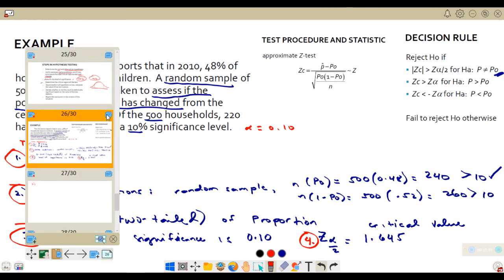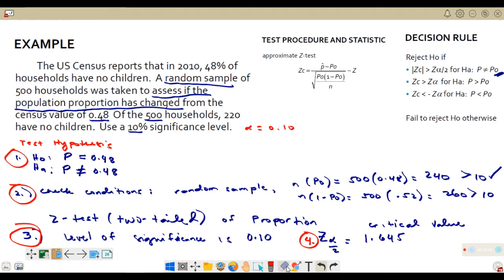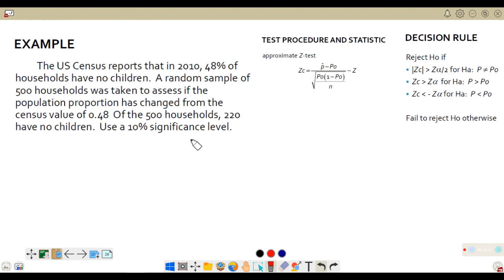I think it will be better if duplicate ko na lang. Okay, punta na tayo sa step number 5. Magko-compute na tayo.